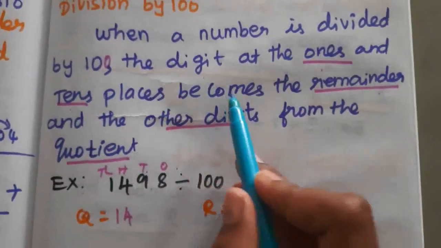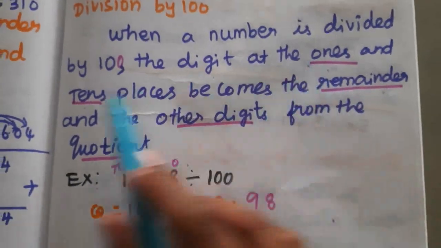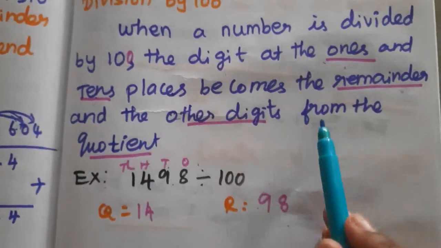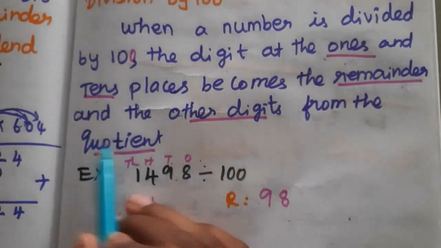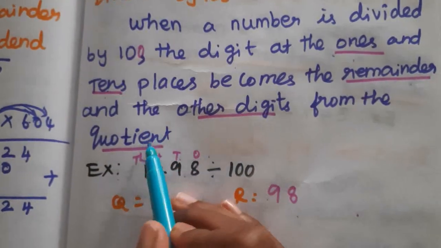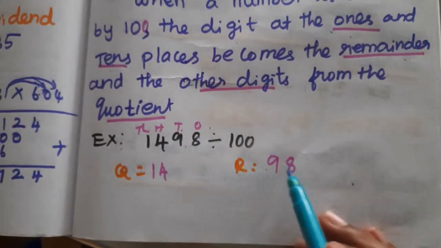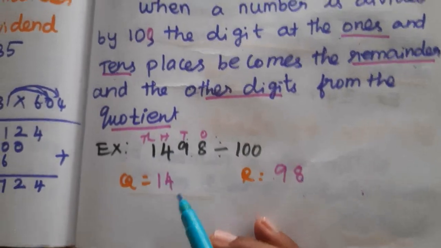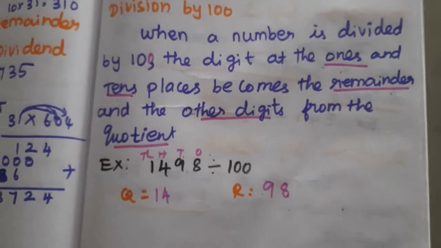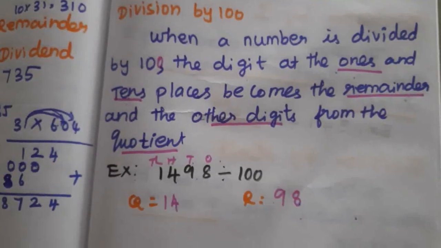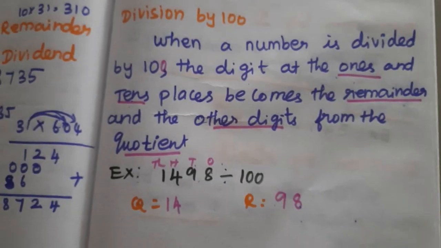Ones and tens place become the remainder. Remaining places form the quotient. Okay, that should be considered as the quotient. So see that example, tens and ones place is the remainder. Remaining places is the quotient. Okay, now we have to apply this concept in that second sum. Okay, you have any doubts in the division by 100? Yes.